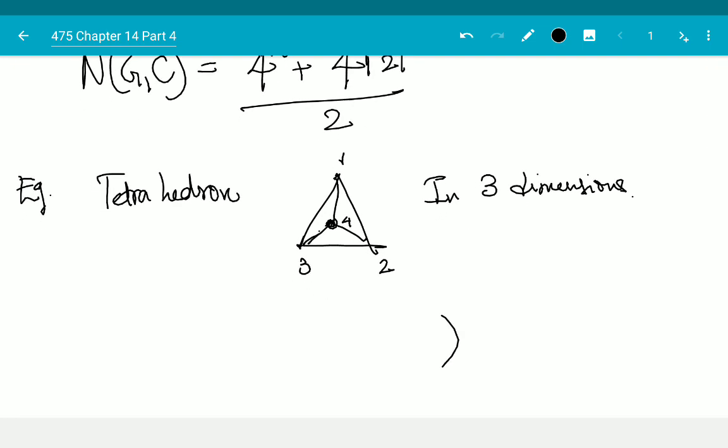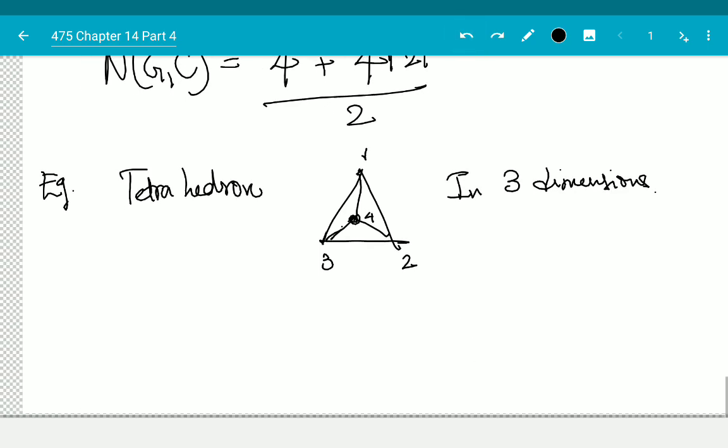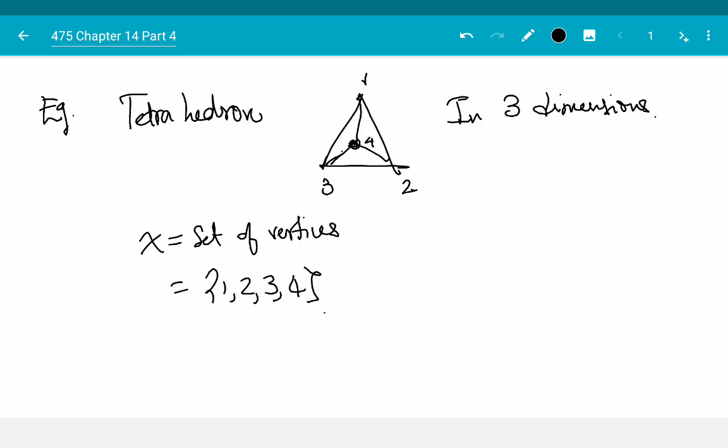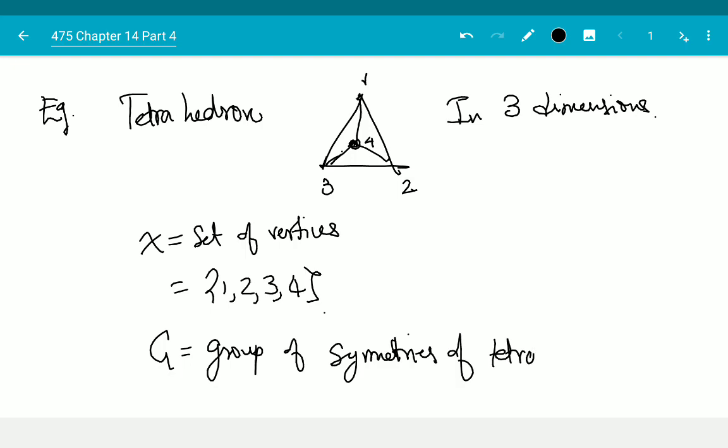Okay, so let X be the set of vertices, which in this case is 1, 2, 3, and 4. Okay, and let G be the group of symmetries of the tetrahedron.